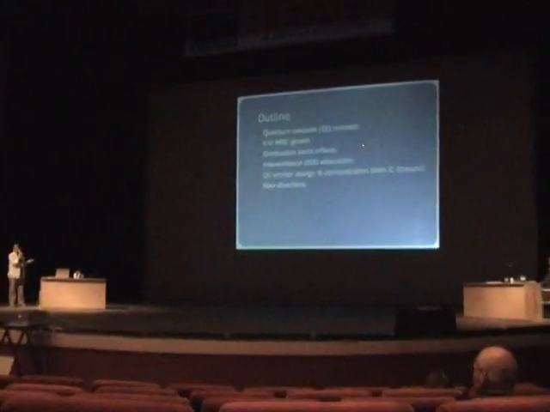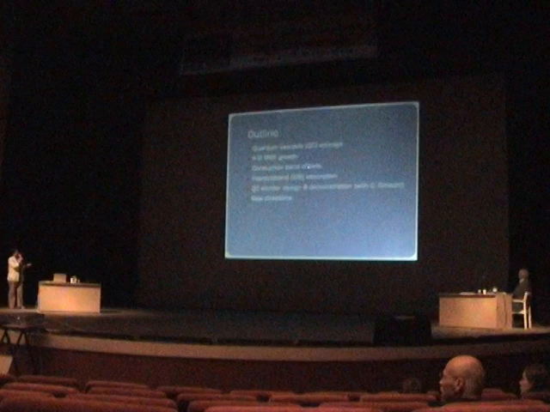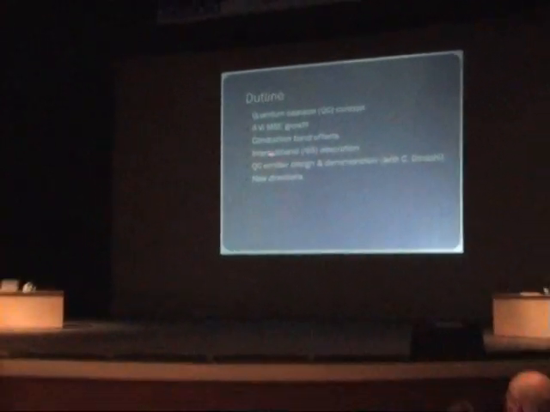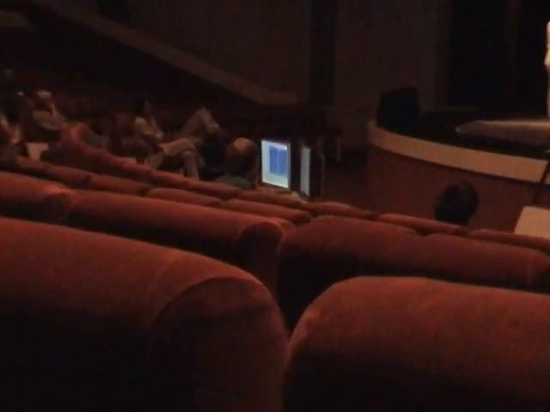Then I will talk about the conduction band offset measurements that we had to do in order to seriously consider this application. Then our results, intersubband absorption measurements in various heterostructures of these materials, quantum wells, and our actual quantum cascade emitter design and demonstration. And this is where the Princeton group is a very important part of this collaboration. And then a little bit about new directions.